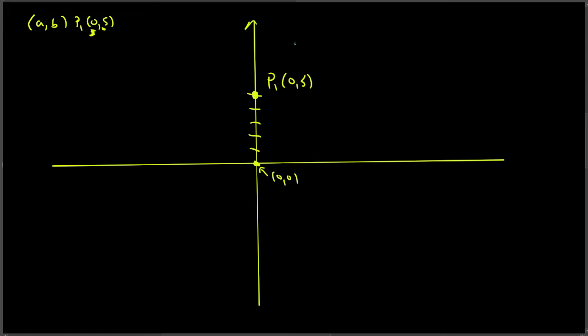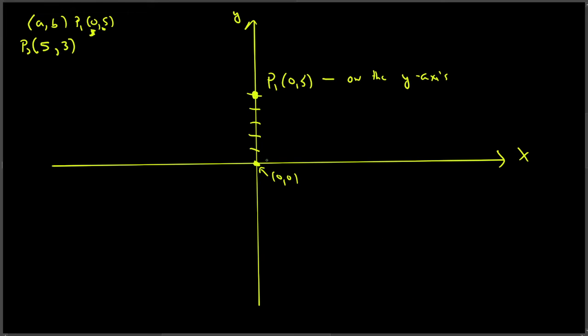And notice, that's my y, that's my x, that this is on the y-axis. If you're on the y-axis, your x value is 0. Now I can do point 2. I'll have 5 for my x value and 3 for my y value.